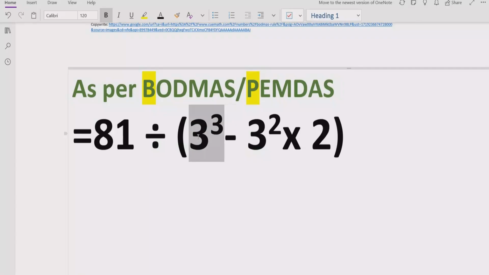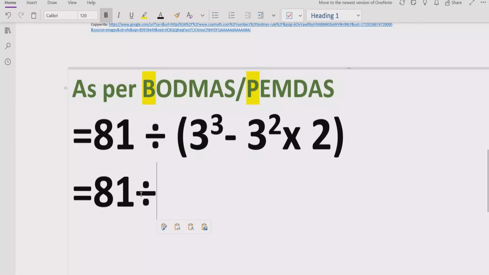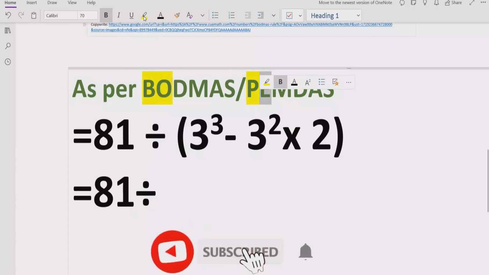One is 3 raised to power 3 and the other one is 3 raised to power 2. And second, we have one operation which is the minus sign and another operation which is the multiplication sign. So we have to solve this first according to the rule of BODMAS and PEMDAS. In this expression, we have to solve the exponent part, or order.